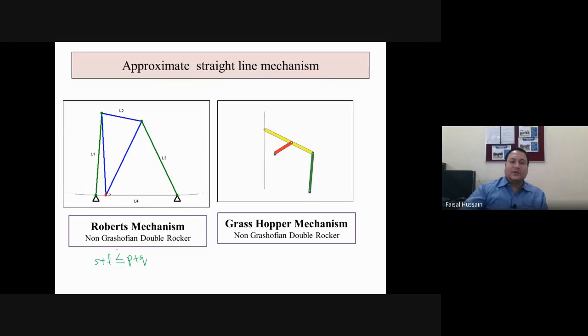So it does not obey Grashof's law. And if these two approximate straight line mechanisms do not obey Grashof's law, then they will come under the category of class 2 mechanism. Important point.